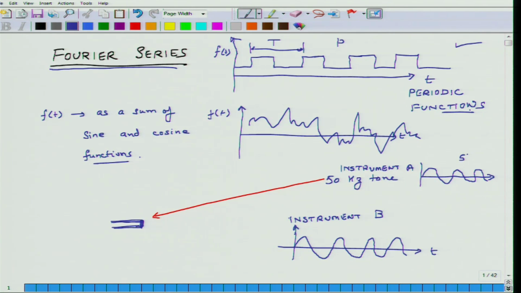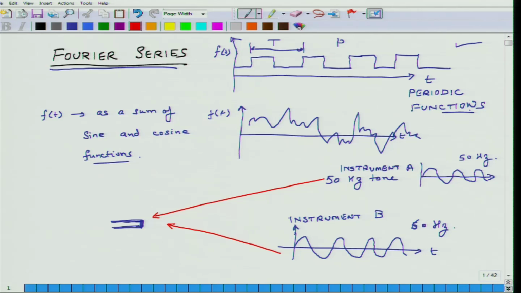So this one is doing 50 hertz and this one is doing 60 hertz, okay, and using this microphone I am also recording this noise. So I am recording both these noises.